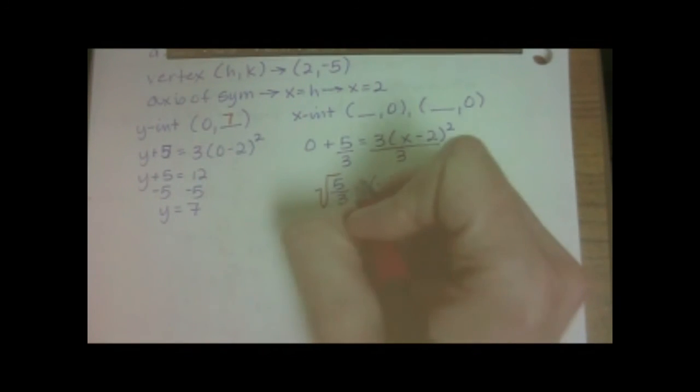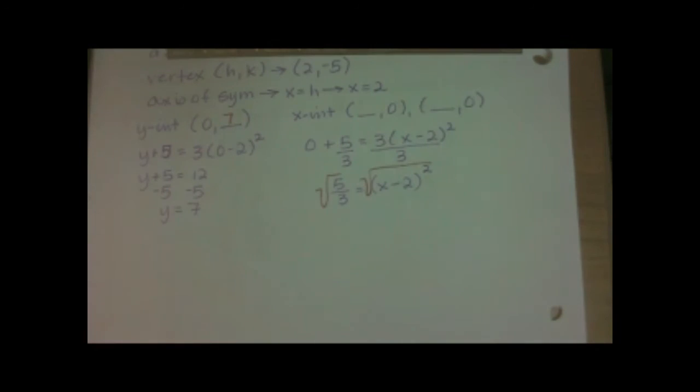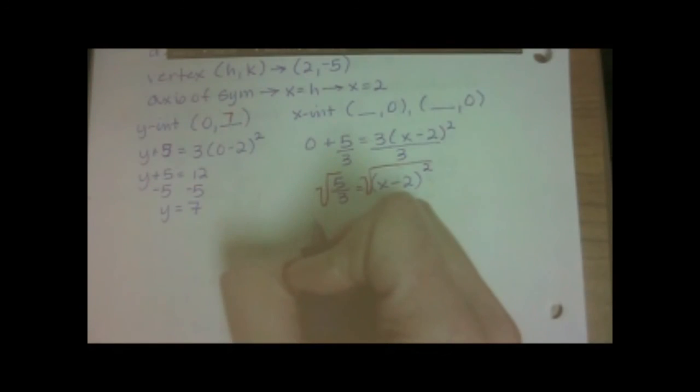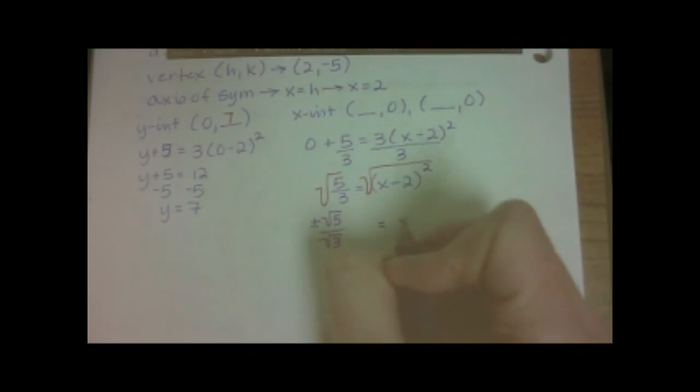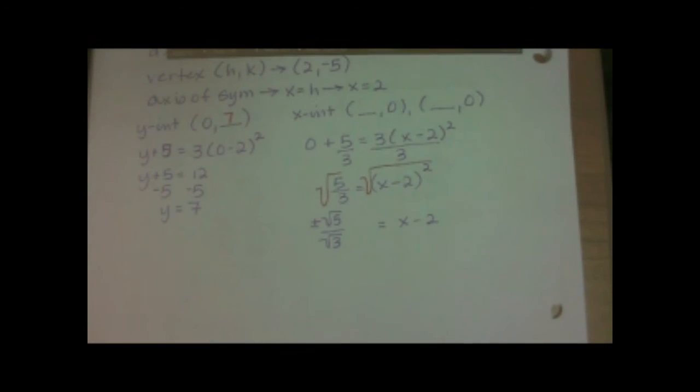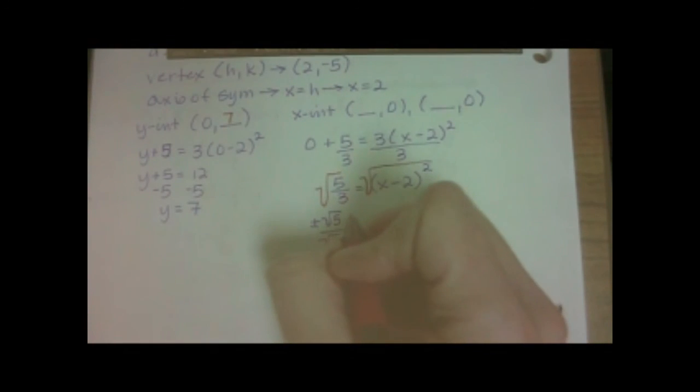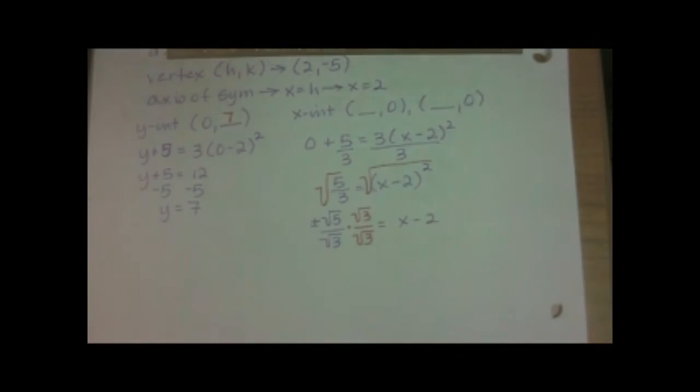Now I'll take the square root of both sides. This is going to give me plus or minus the square root of 5 over the square root of 3 equals x minus 2. All right, next step, I need to rationalize this denominator. So I'm going to multiply by the square root of 3 over the square root of 3.